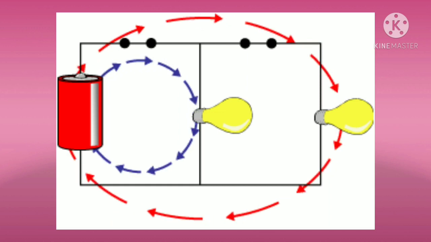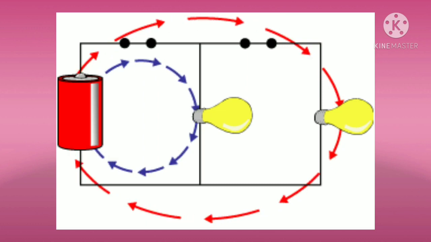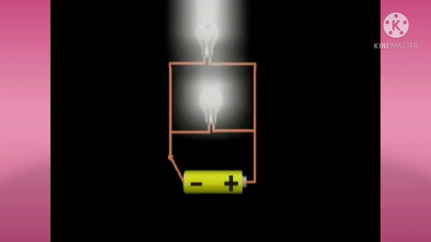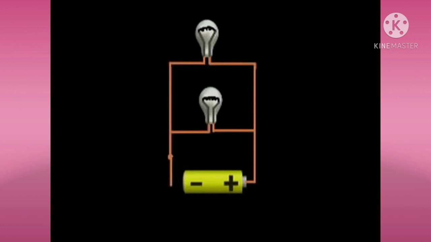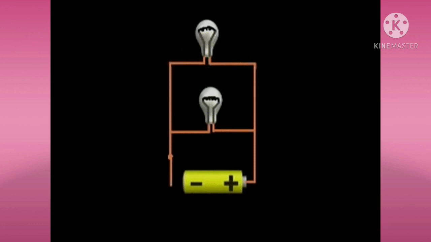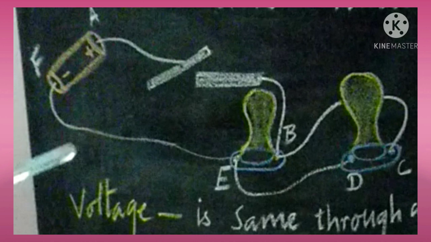This means charges, the electrons, can travel from one end of the cell through many branches to the other end of the cell. Here, voltage across the resistors remains the same, but the current flowing through the circuit gets divided across each resistor.